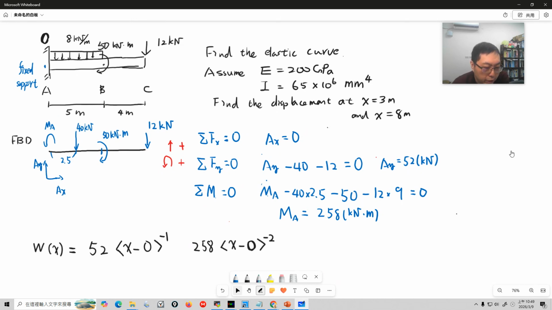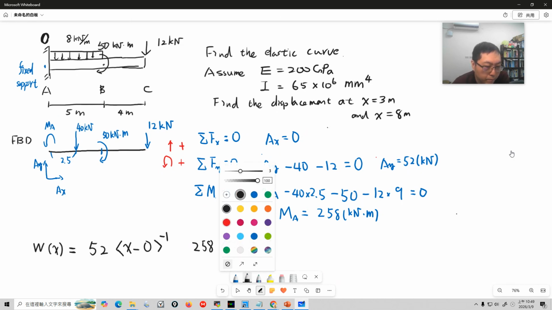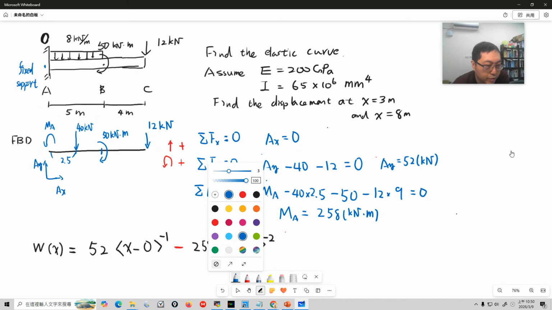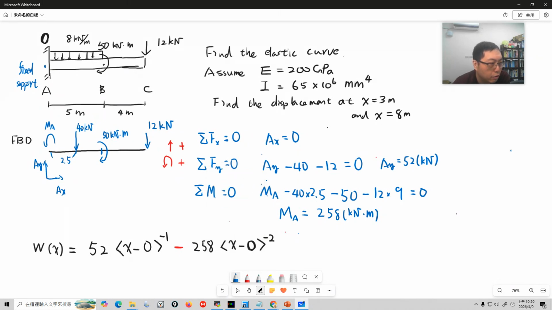Be cautious here: just like in the shear and moment diagram, the moment we calculate at the support is the external moment, but in this calculation we want the internal moment. So we have to use the minus sign in front of MA to get the internal moment. Don't forget it. So that gives us the reaction force and reaction moment.